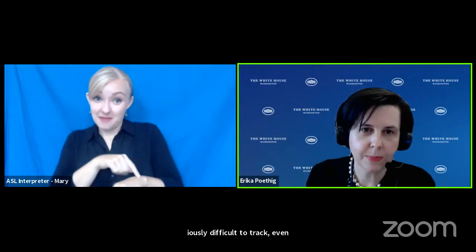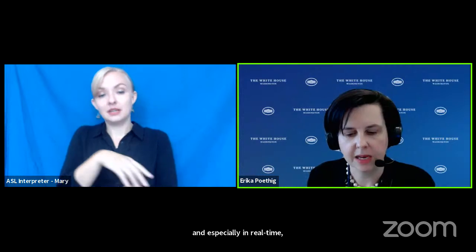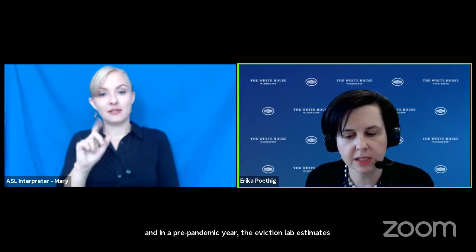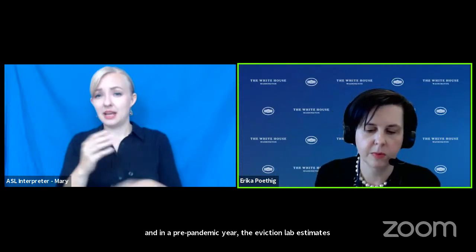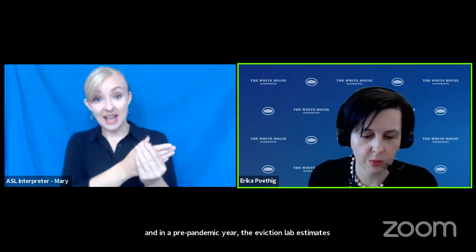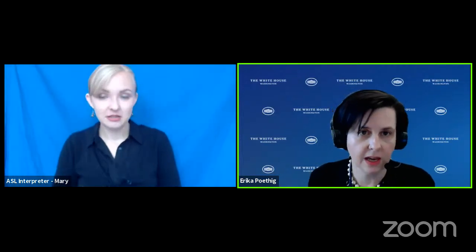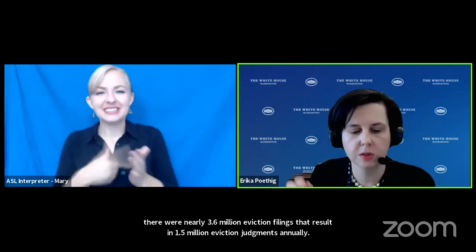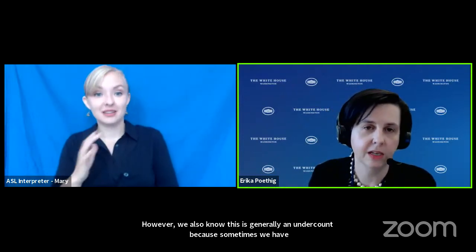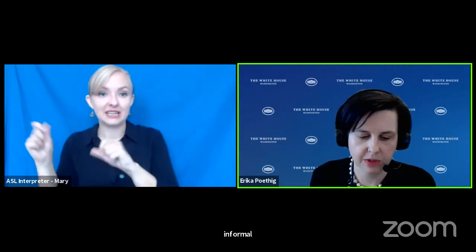In a pre-pandemic year, the Eviction Lab estimates that there are nearly 3.6 million eviction filings that result in 1.5 million eviction judgments annually. However, we also know that this is generally an undercount because sometimes we have informal evictions or forced moves where families or households are evicted before a filing even takes place.